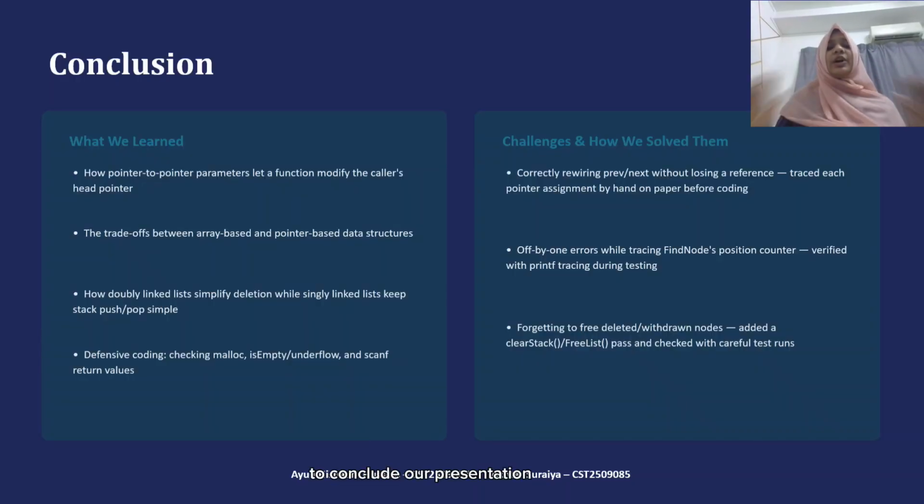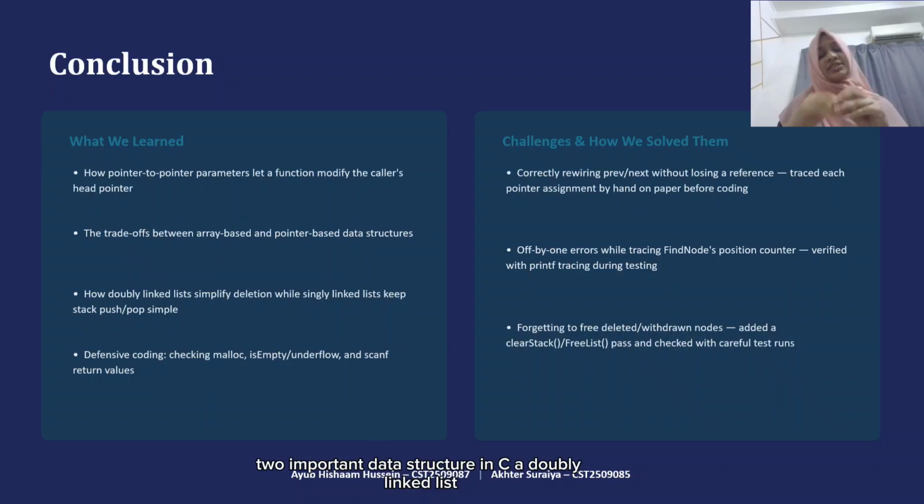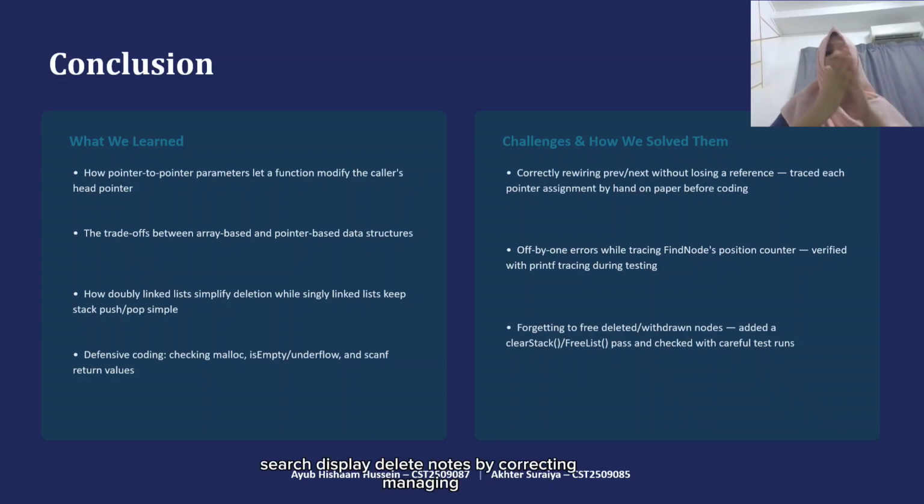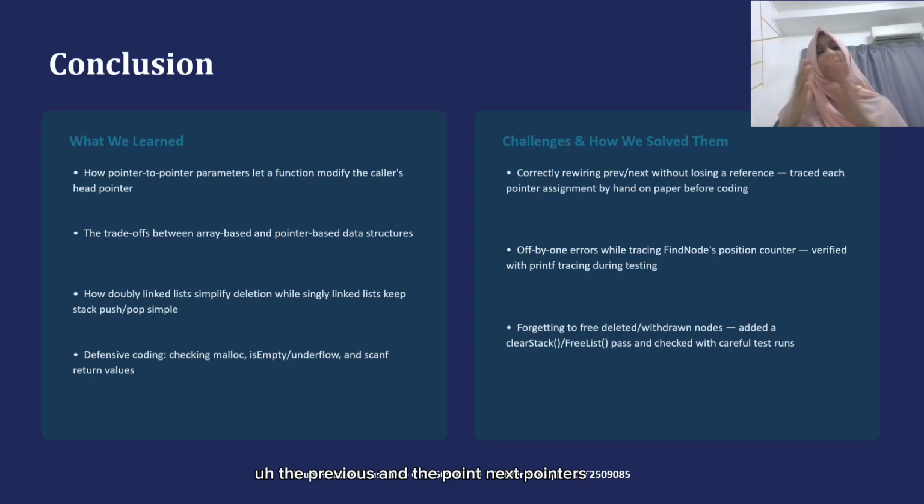To conclude our presentation, we successfully implemented two important data structures in C, a doubly linked list and a stack using a singly linked list. From task 1, we learned how to insert, search, display, and delete nodes by correctly managing the previous and next pointers.